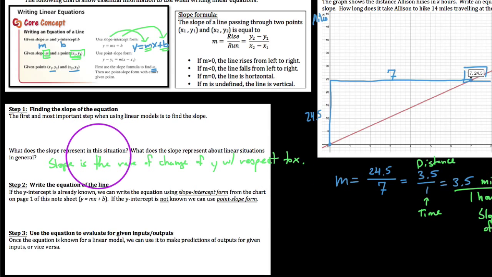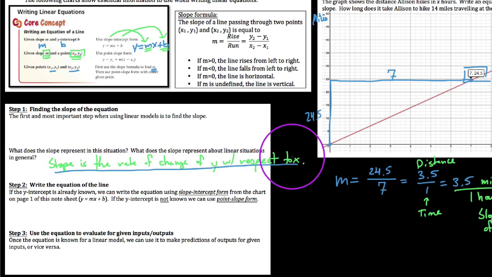In this instance here, it's rate of change of miles with respect to time. So what I want to say, what does slope represent about our linear situations in general, this is the general statement we're going for. In this particular case, the slope, 3.5, this is really just Allison's speed. Okay, how fast it's changing per unit of time.